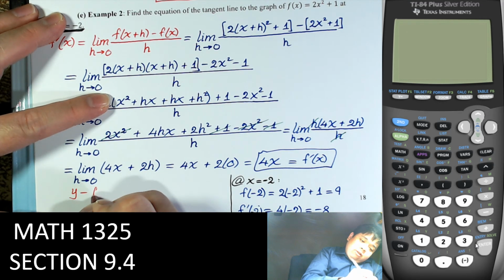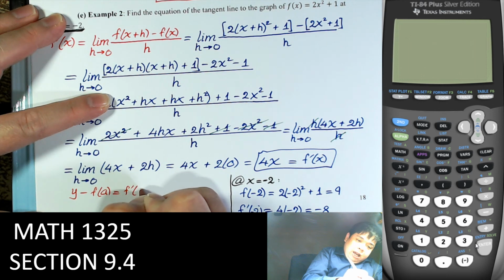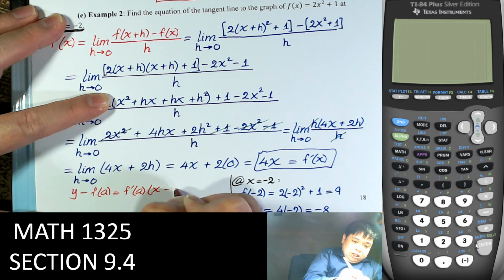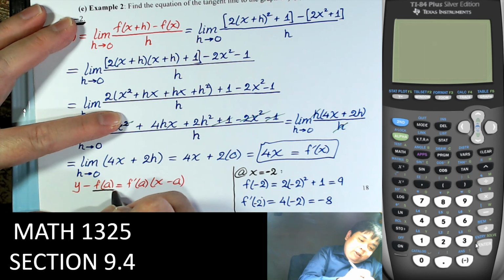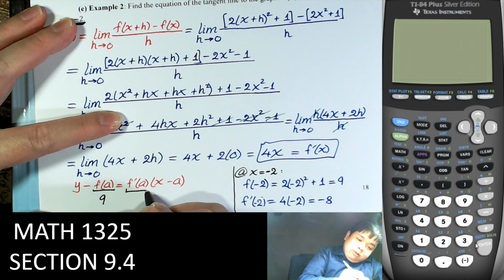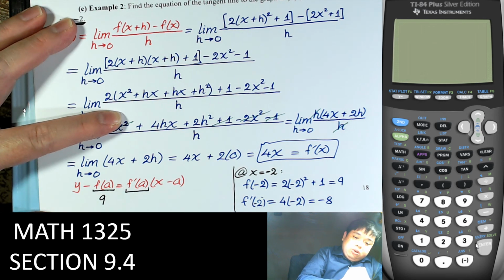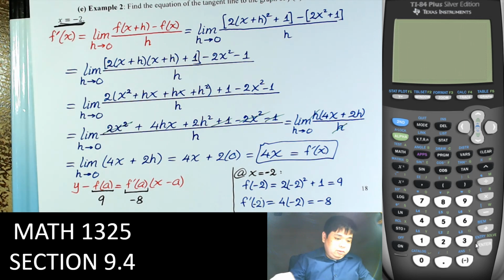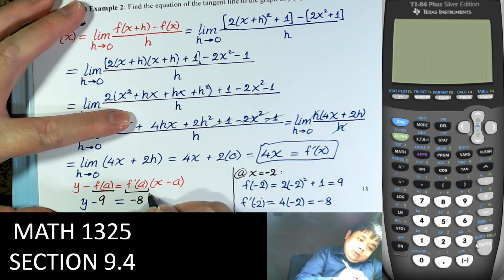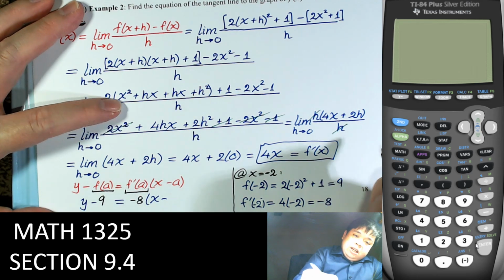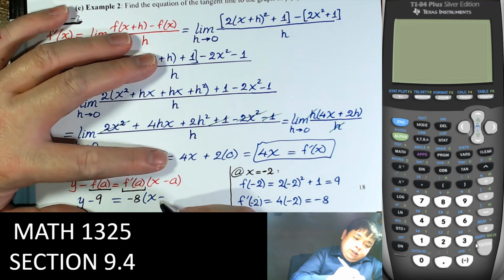y minus f of a equal to the derivative at a times x minus a. Right. So we do have this. The value of the function is equal to 9, and the value of the derivative is equal to -8. x and a is -2.